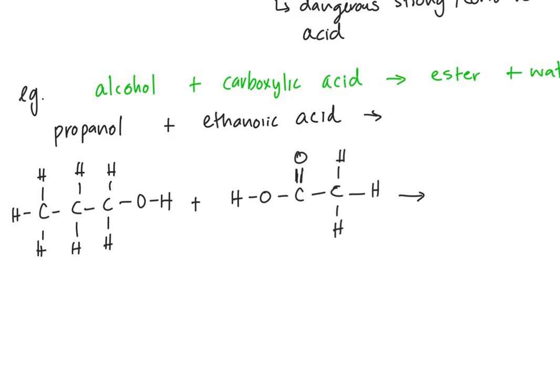Your alcohol is always going to give up its hydrogen, and your carboxylic acid is always going to give up its OH. These atoms form H2O, so that is removed from the 2 molecules. It's going to form the water that we have at the end.